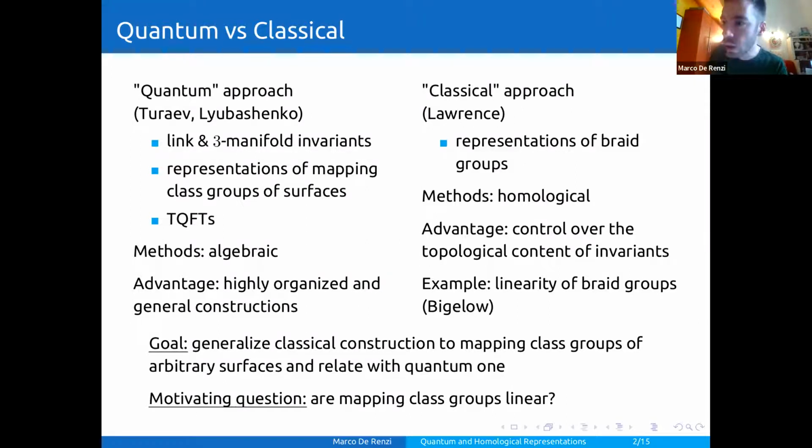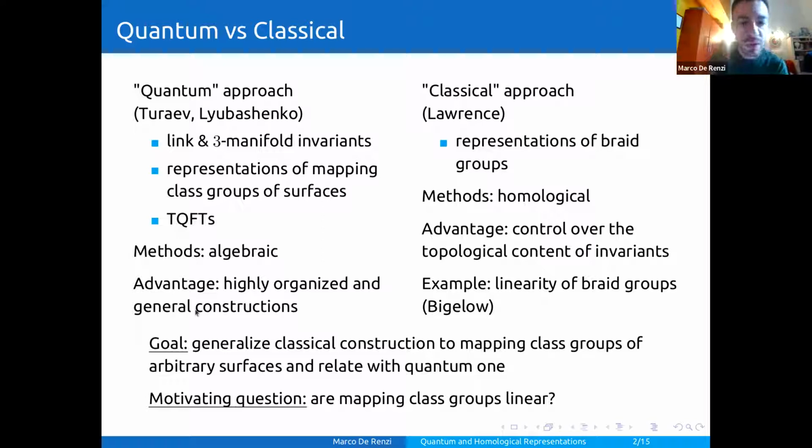They popped up many times during this conference. The methods used by quantum topology are rather algebraic, and the advantage of this approach is that it provides highly organized invariants, as witnessed by the several layers of constructions that are all coherently organized by this refined notion of TQFT.